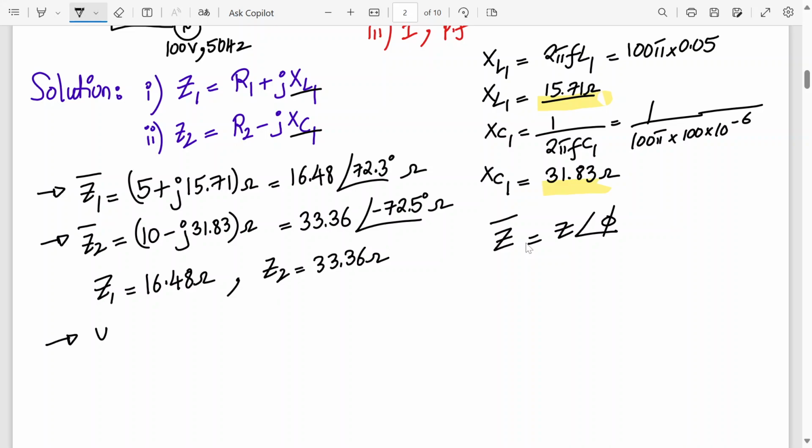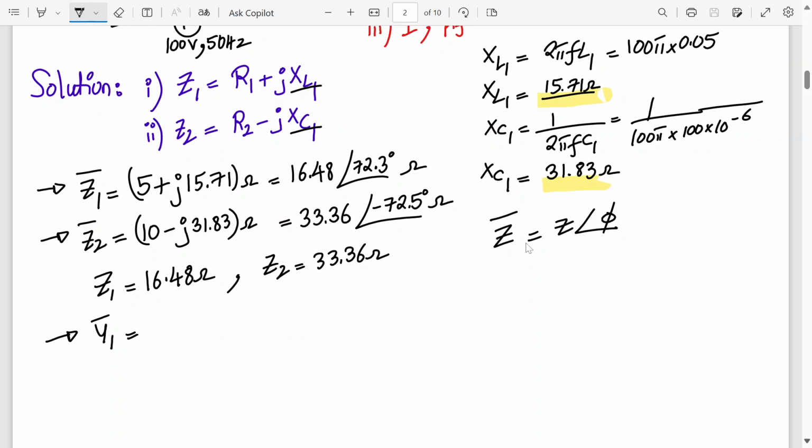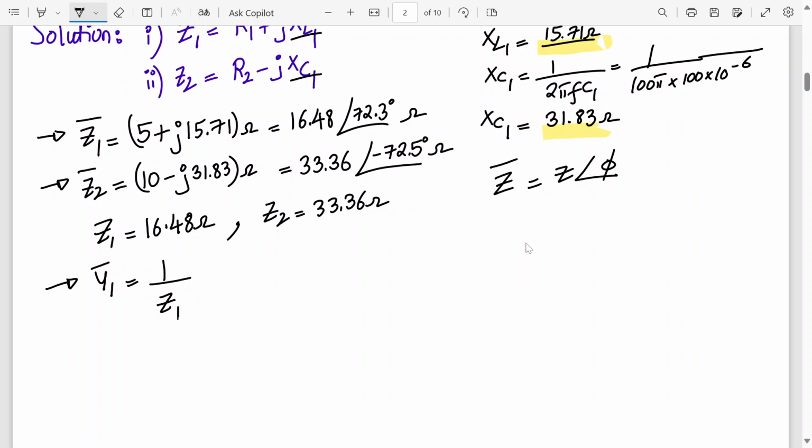Now, how will you calculate Y1 bar? Admittance is 1 by Z1, in polar form. So 1 divided by 16.49 angle 72.3. How much is that? Is it 0.06 at an angle minus 72.3 degrees?